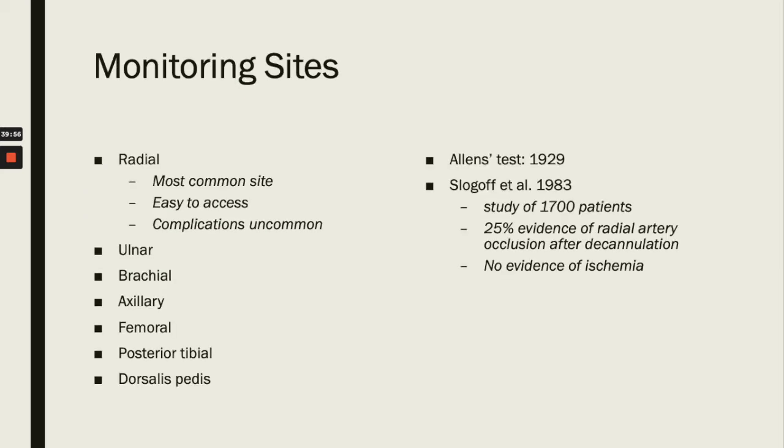Okay, so monitoring sites. The radial artery is the most common site. It's easy to access, and complications are fairly uncommon. Other sites, such as the ulnar or brachial, can be used as well, and so can the axillary, femoral, posterior tibial, and dorsalis pedis.